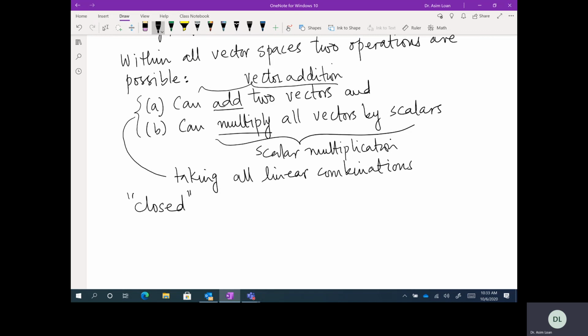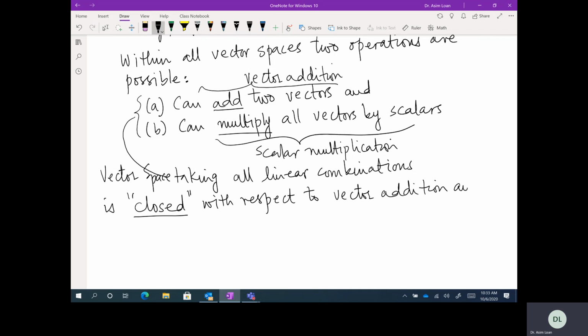So you say the vector space is closed with respect to vector addition and scalar multiplication.